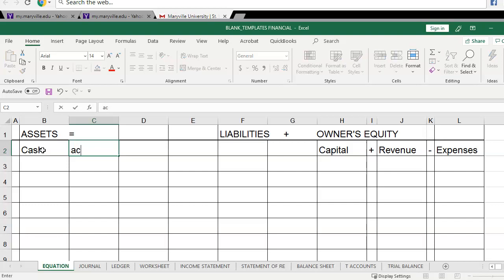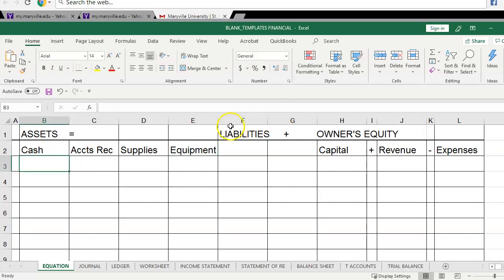If it involved accounts receivable, which we'll talk more about, you will have a separate account for accounts receivable. Maybe it involves your supplies account. So you have a separate account for supplies, or maybe you bought equipment. So you're going to have a separate account for equipment.